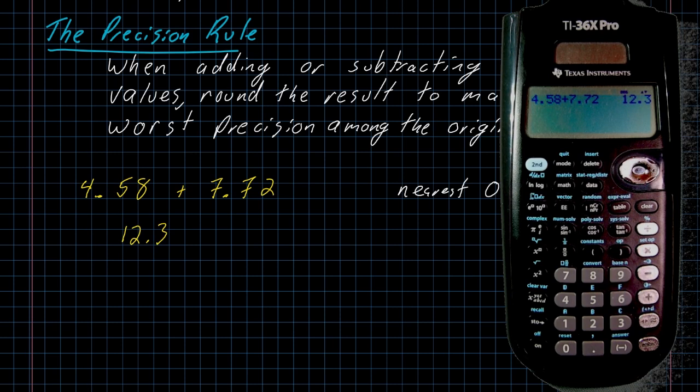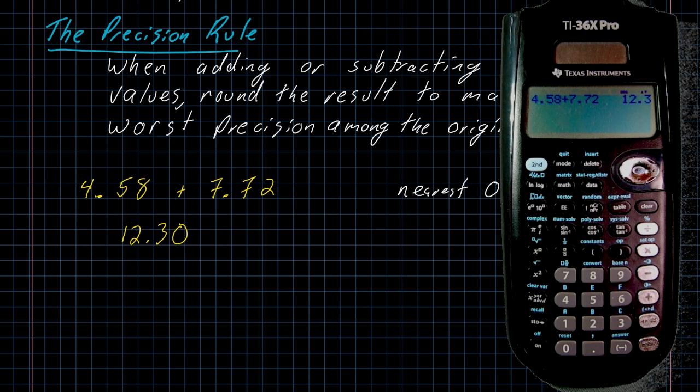But in this case, when I wrote that result, I only have precision to the nearest tenths place, not the nearest hundredths place like I had in the original measurements. So in fact, I have to introduce one more digit in order to match up that place value. So 12.30 is precise to the nearest hundredth, the same precision that we had before.